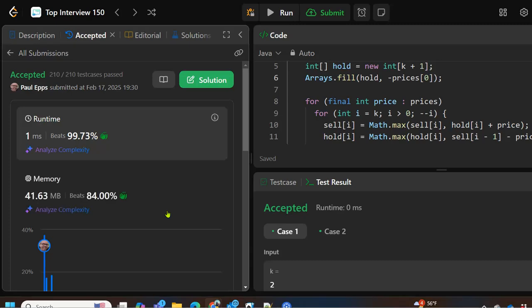So that's it. I think that was one of the harder problems in the whole 150. Although when you look at the implementation, it looks pretty easy. But it's just figuring out how to set it up.